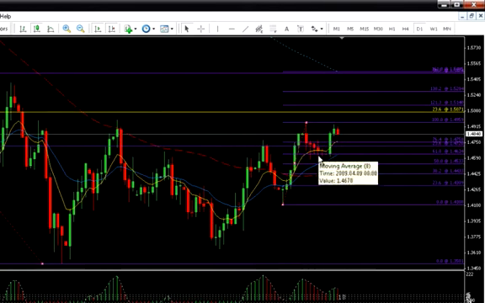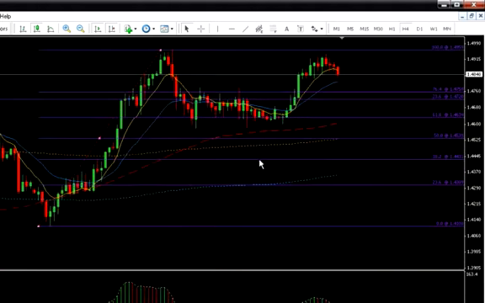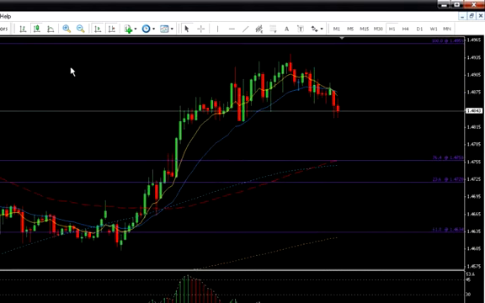Okay, right. There we go. So now going into the 4 hourly, you can see that's fine. I mean, the last recent swing was that there, which you can see. I'll go into the hourly and I'll map that in as well.